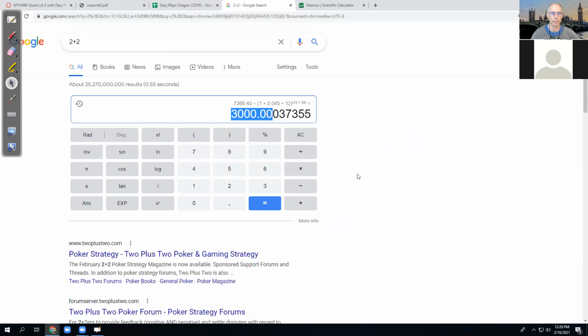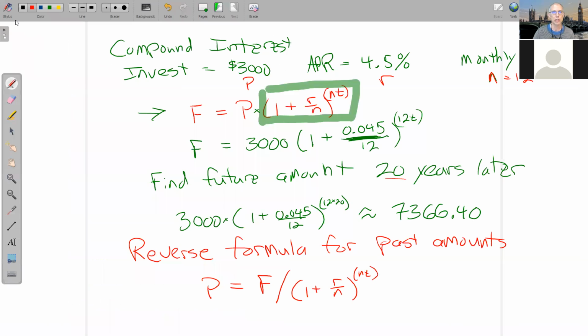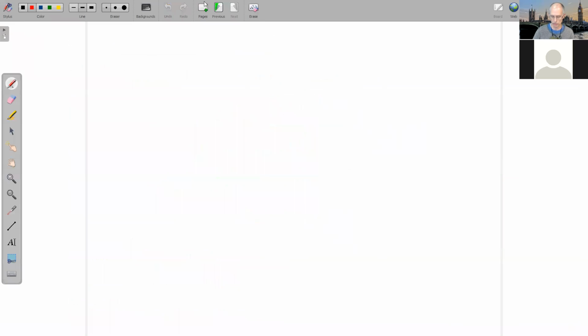It's kind of cool. All right, so next example, a comparison of simple interest and compound interest. New page.